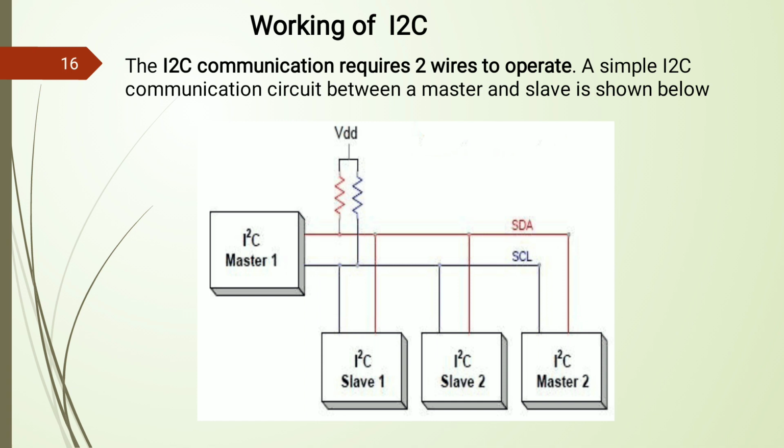So these resistors are also called line terminating resistors. The circuit is simpler in case of I2C as compared to SPI communication. And I2C is used for long distance communication as compared to SPI, which is used in short distance communication. This is the basic working of I2C.